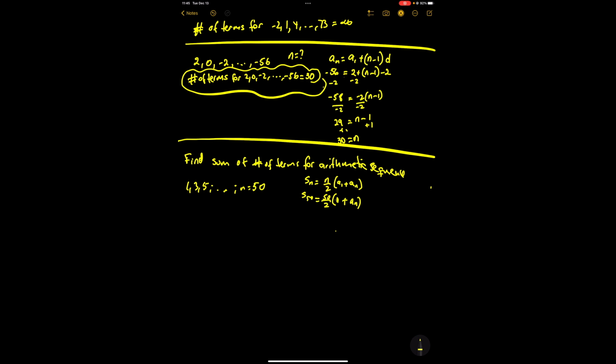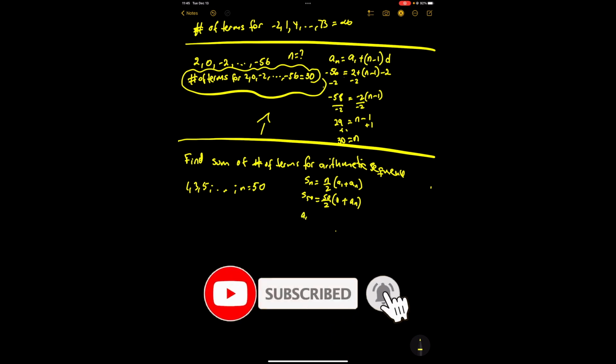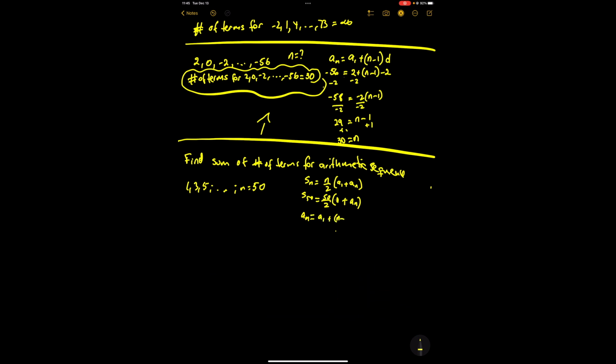We're going to go back to this type of problem, remember? That's how I find an. So an is equal to a1 plus n minus 1 times the difference. So what is a1? a1 is equal to 1 plus, what is n? n is 50, minus 1.